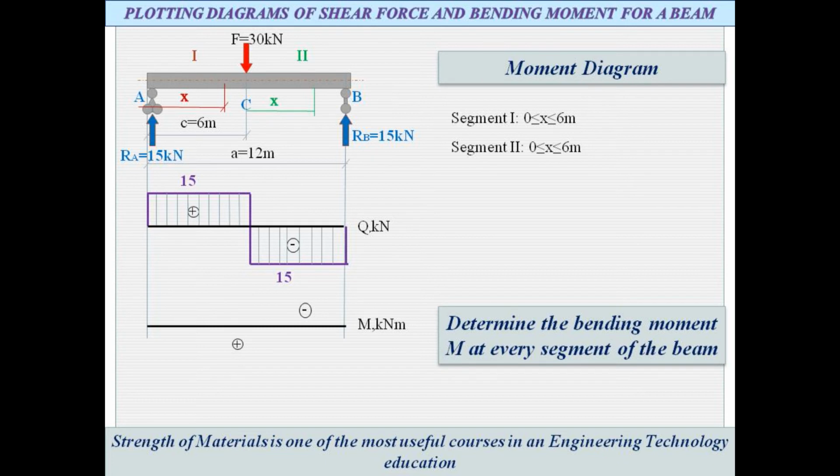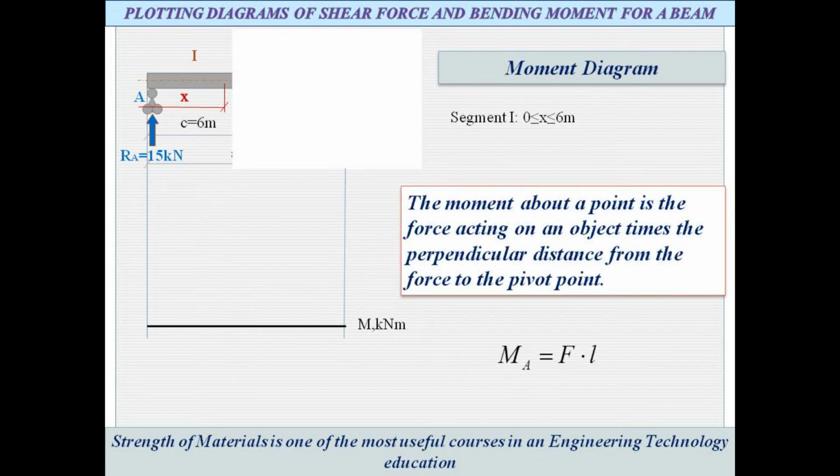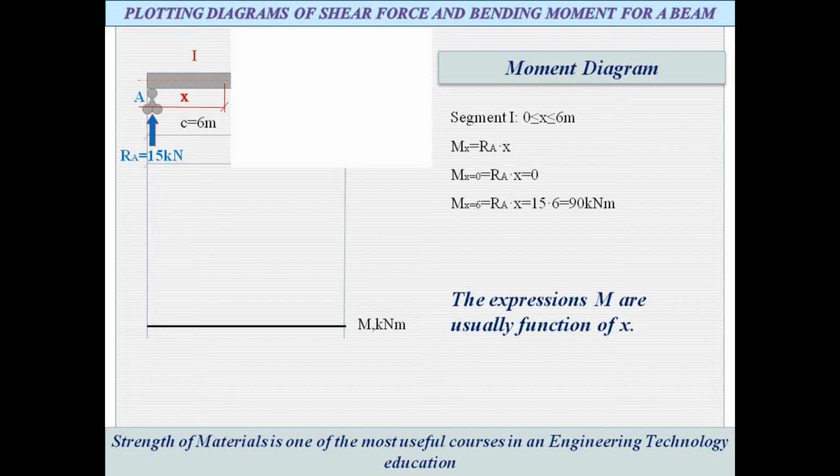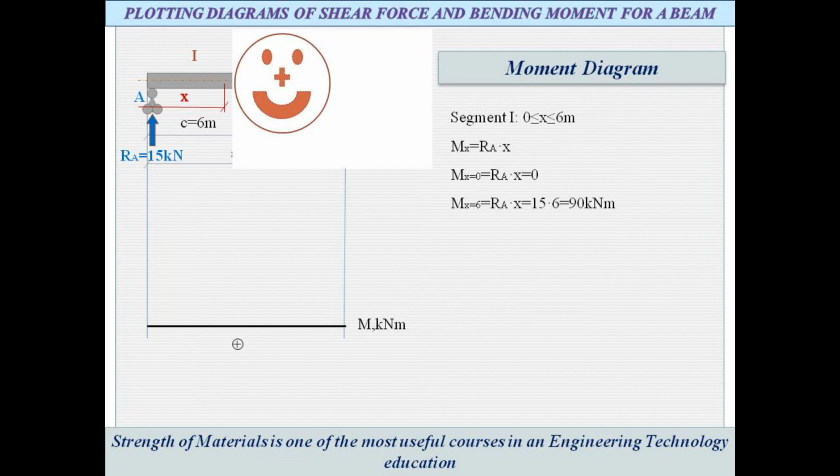Let's start plotting the bending moment diagram. Determine the bending moment M at every segment of the beam. If you remember, the moment about a point is the force acting on an object times the perpendicular distance from the force to the pivot point. Consider the first segment. We can see that support reaction RA makes the beam smile.